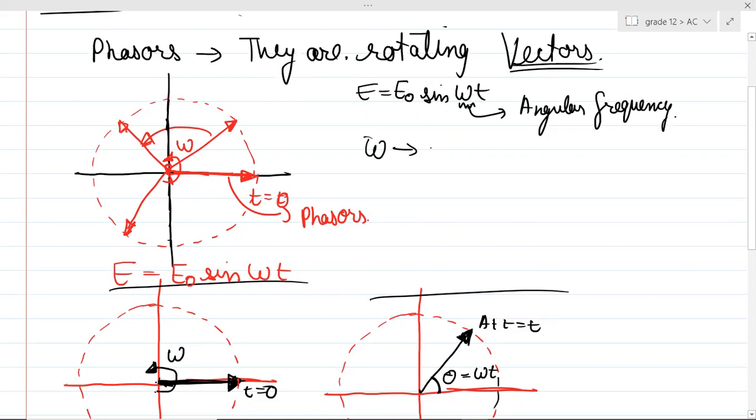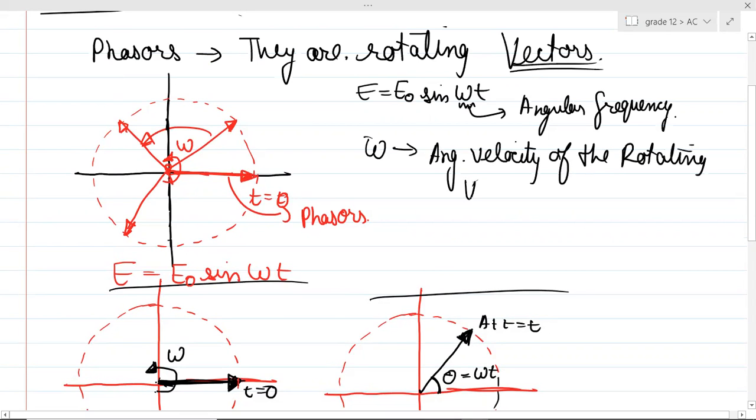Omega becomes the angular velocity of the rotating vector. I'll try to explain once again.